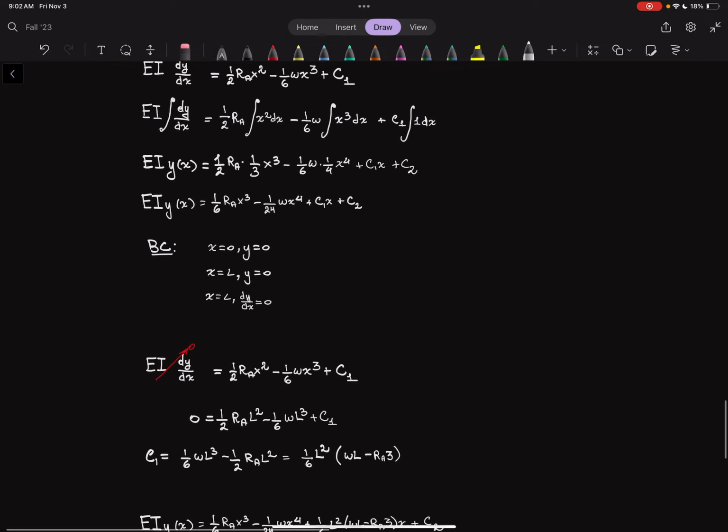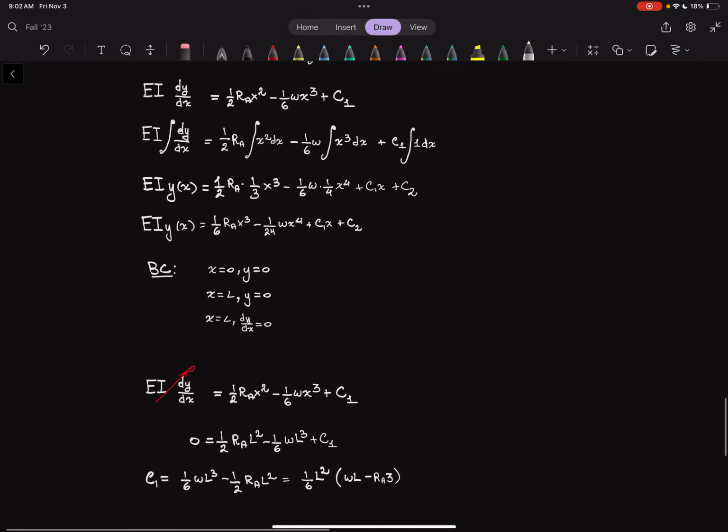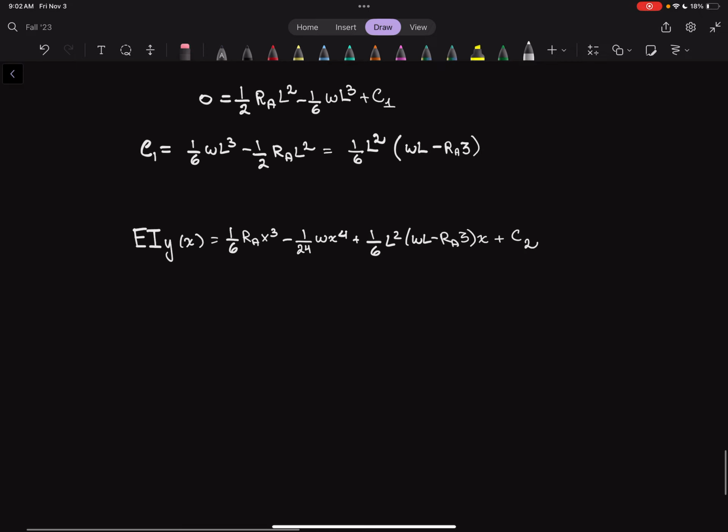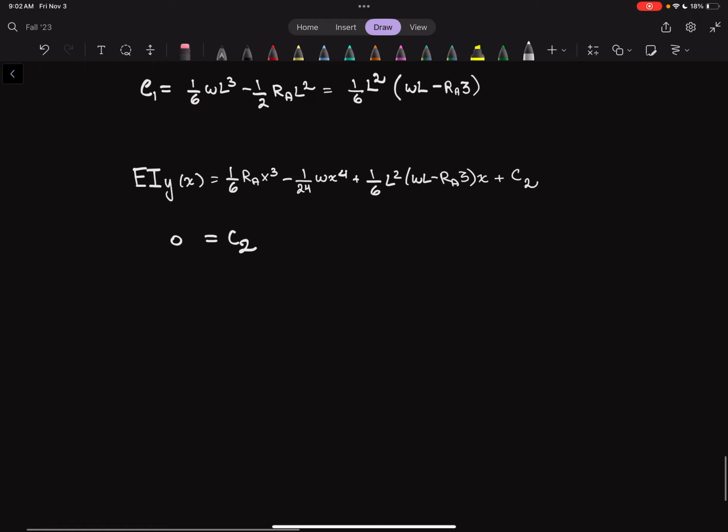Now, what do we know about C2? Well, we can say 0, 0. So when this is 0, all of these terms go to 0, and we get C2 is equal to 0.